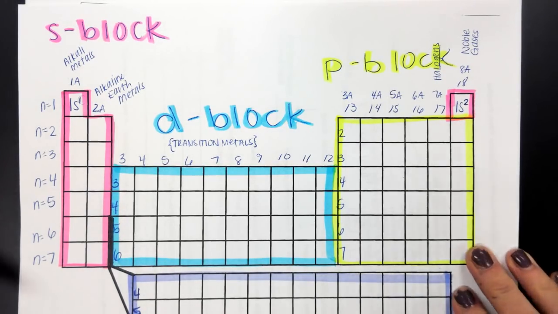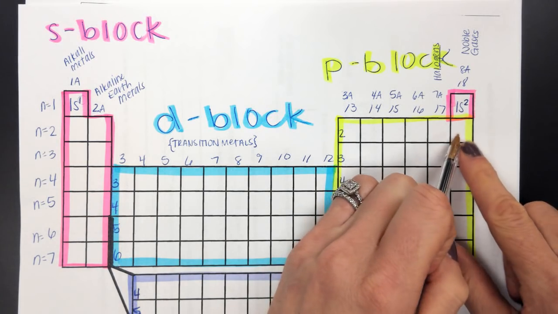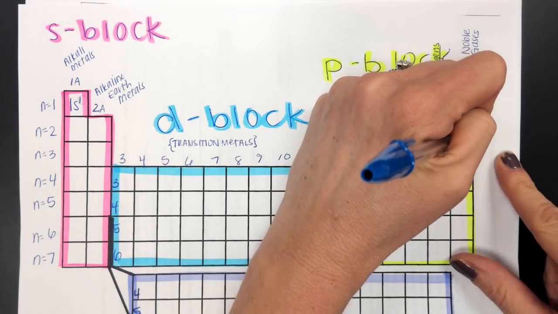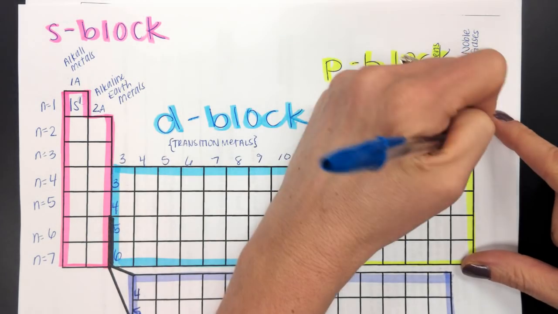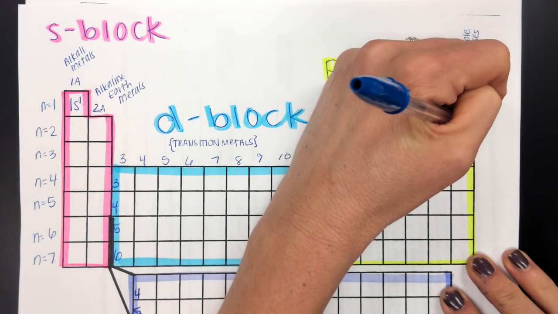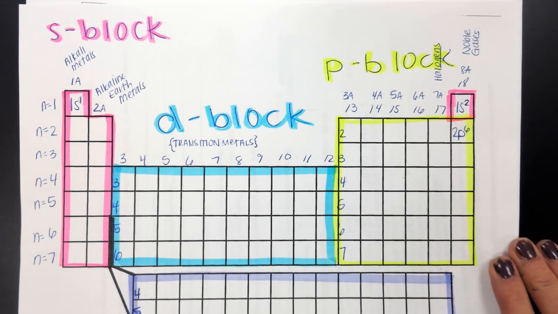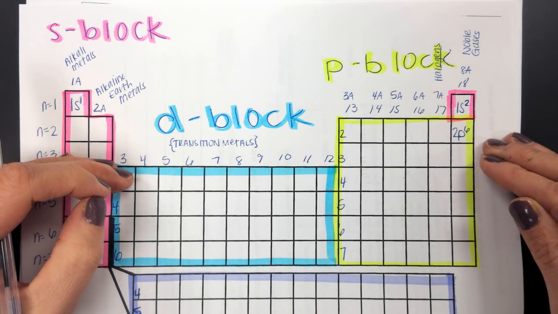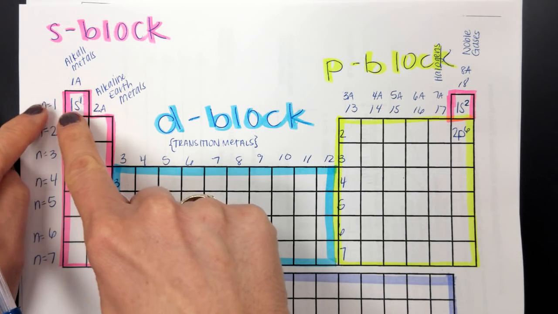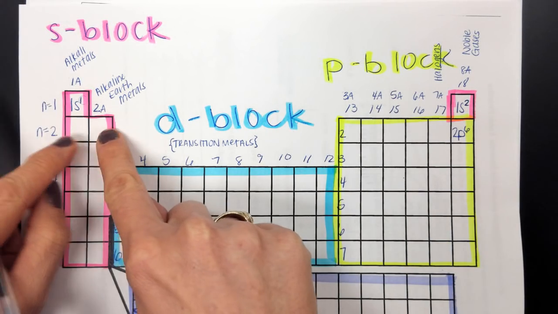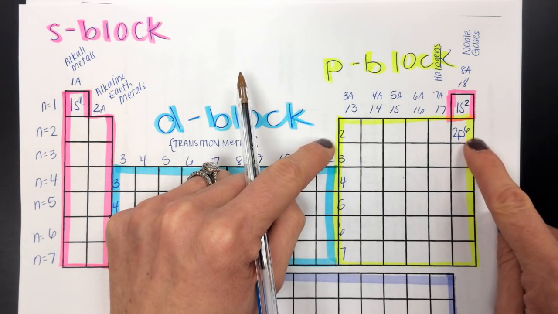The other example that it wanted us to do together was neon. It's on energy level 2, the P block or P sublevel, and it's got 1, 2, 3, 4, 5, 6 electrons in that P block. So the full electron configuration for neon would be, you start at the very beginning, 1s2, 2s2, 2p6.